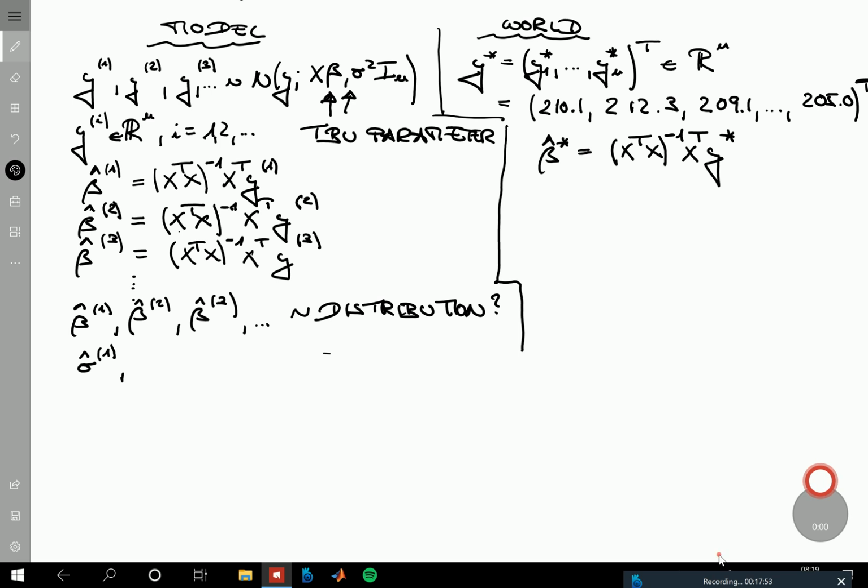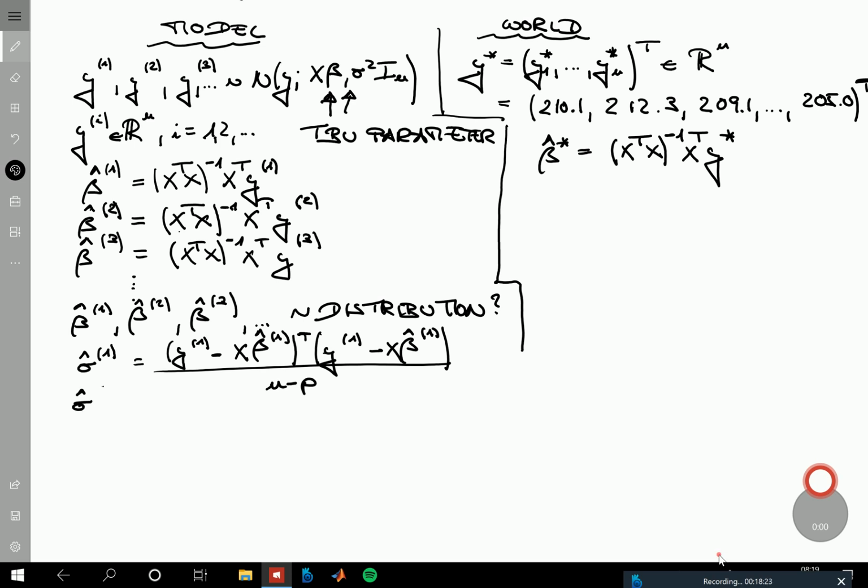So if we use our first data and our first better estimate, then we get our first variance parameter. And of course we can also do this for the second one, and I will not write this all up now. And for the third one, based on the third realization.